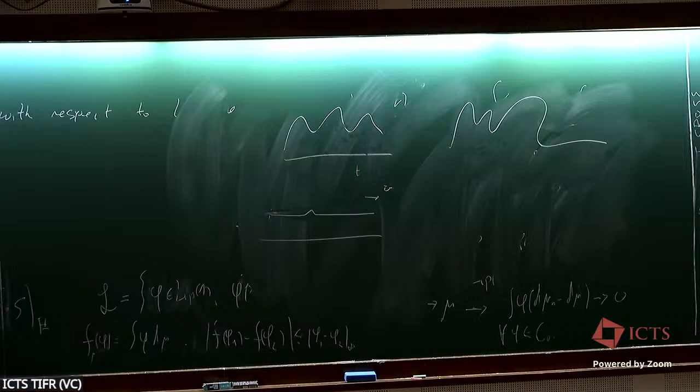And the converse also holds: if there is a vector field v t which satisfies this continuity equation in this space, then mu t is absolutely continuous in Wasserstein P, and we have this inequality.